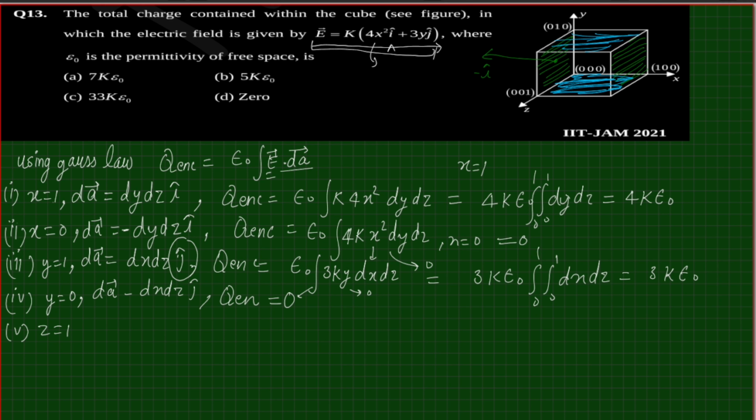This is z equal to 1, the front surface, and dA will be dx dy k cap, because dA is in the k direction, but its dot product with i and j will be 0 and there is no k component, so the dot product of dA and E will be 0 in this case.